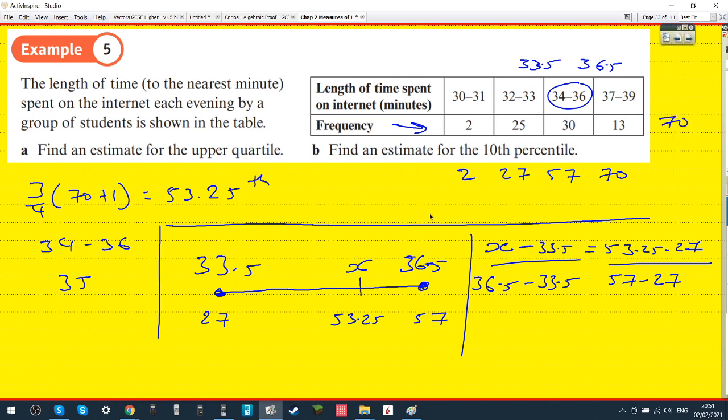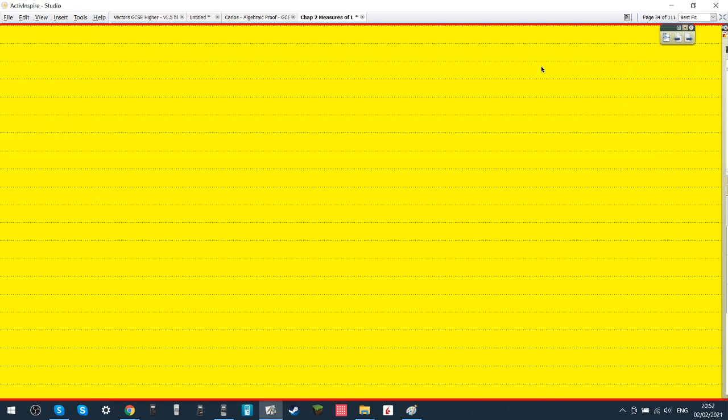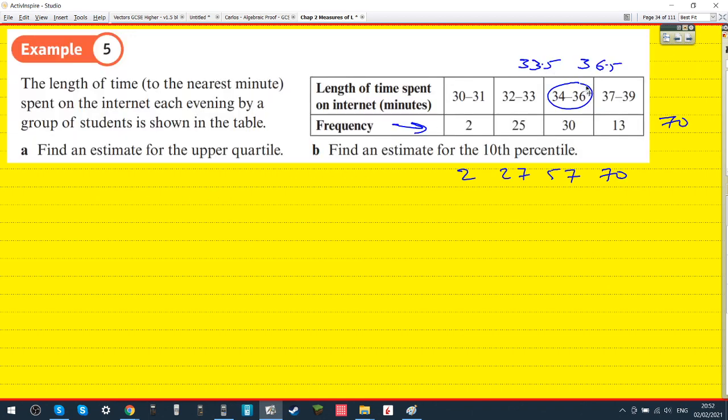And so 10th percentile. How do we do that? So you do the total, which is 70, 1/10, 70 plus 1. Yep. Let's just do a 10th of 70. Okay. Which is 7. Yep.